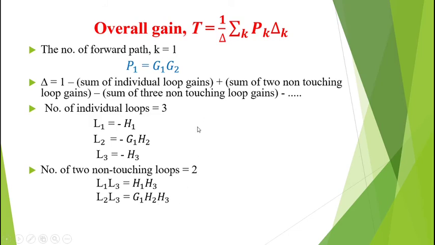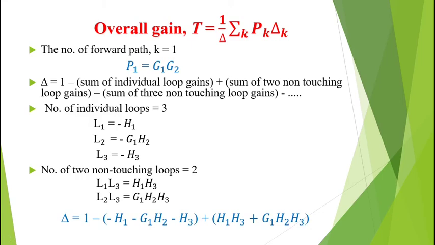So the delta value is 1 minus the sum of individual loop gains, minus h1 minus g1 h2 and minus h3, plus the sum of two non-touching loop gains, h1 h3 plus g1 h2 h3. By multiplying minus into minus, it becomes positive: 1 plus h1 plus g1 h2 plus h3 plus h1 h3 plus g1 h2 h3.